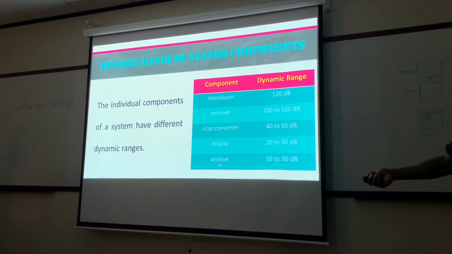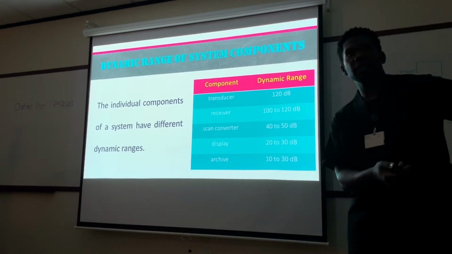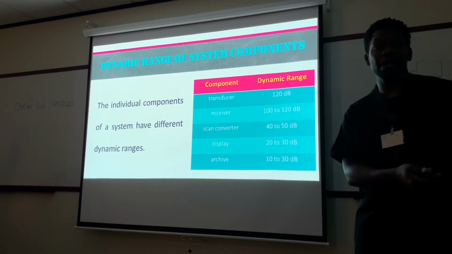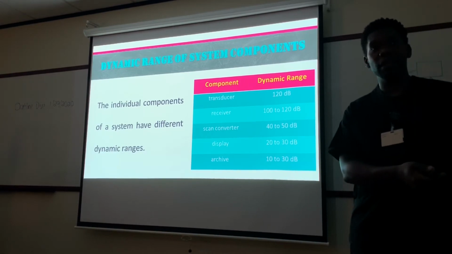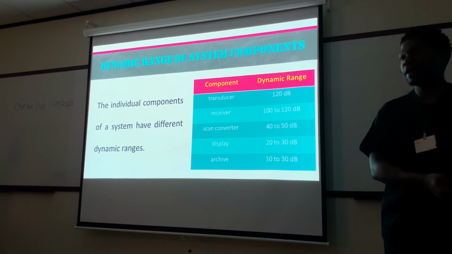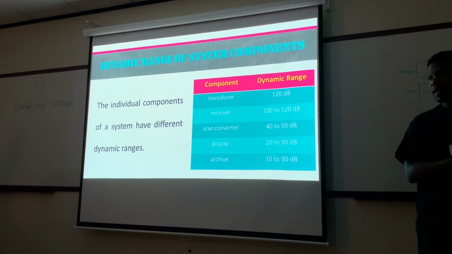And archiving is about 10 to 30 decibels. For example, when you're in MFM, you guys have been showing me images. I'm like, man, what's up with this gain? I've been complaining every time you show me an image from MFM. You're like, oh man, but on the screen it looks perfect. That's true.